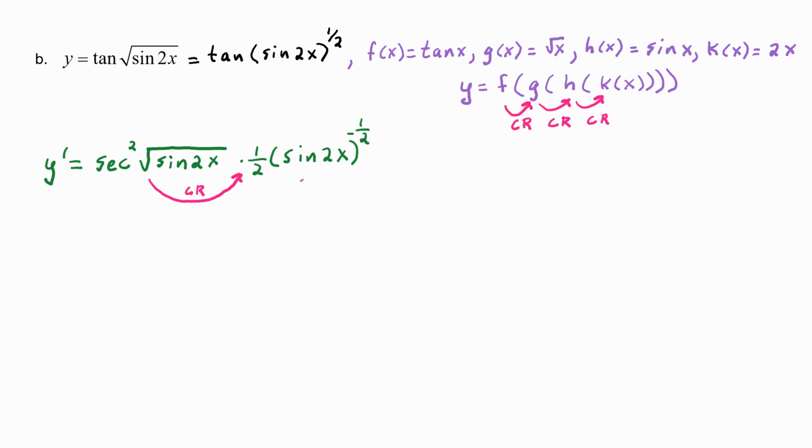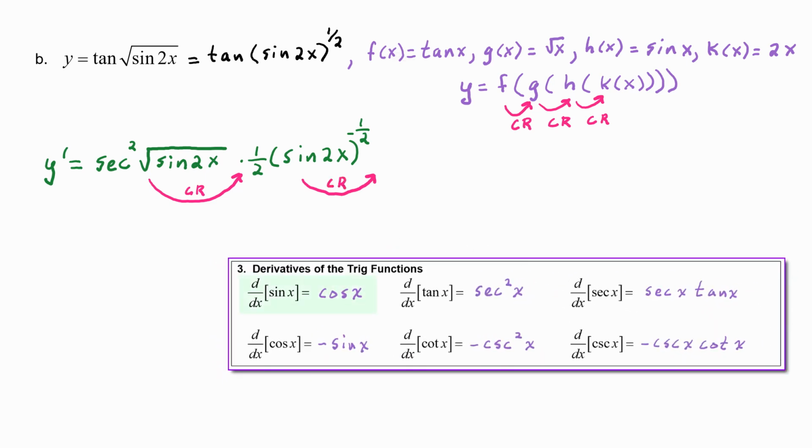Then we have to apply a chain rule there. And the derivative of sine of some stuff is cosine of the stuff.